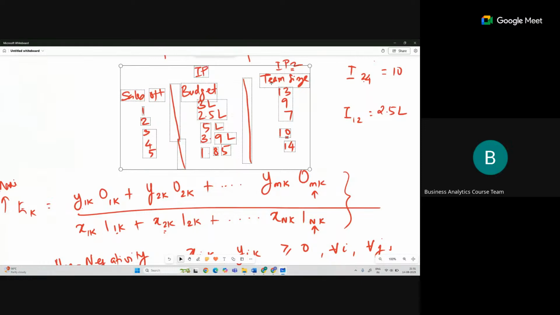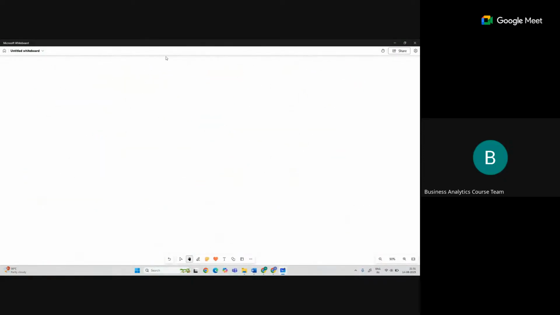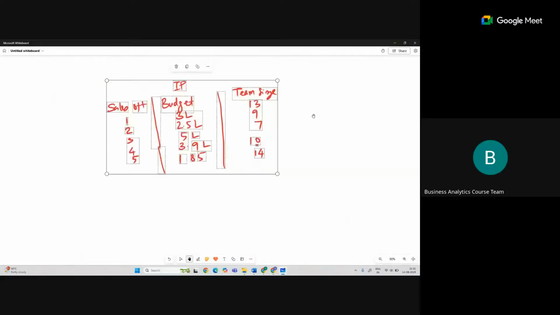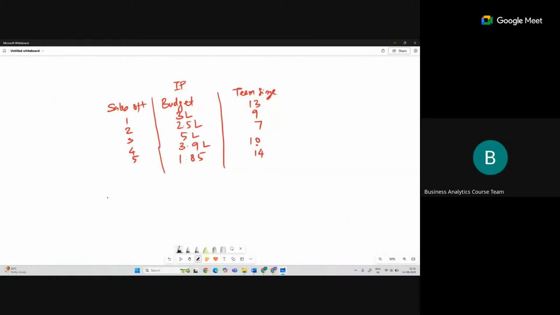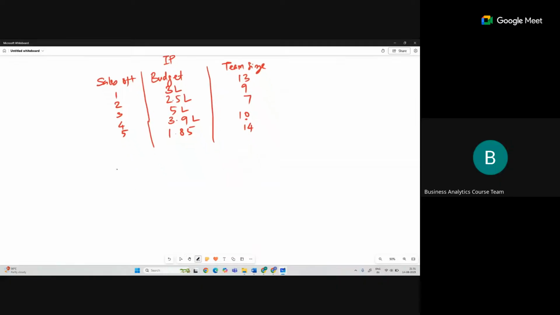I'll copy this. We'll try to solve the formulation. So let's say that I want to formulate the linear programming problem for sales office 1, DMU 1.